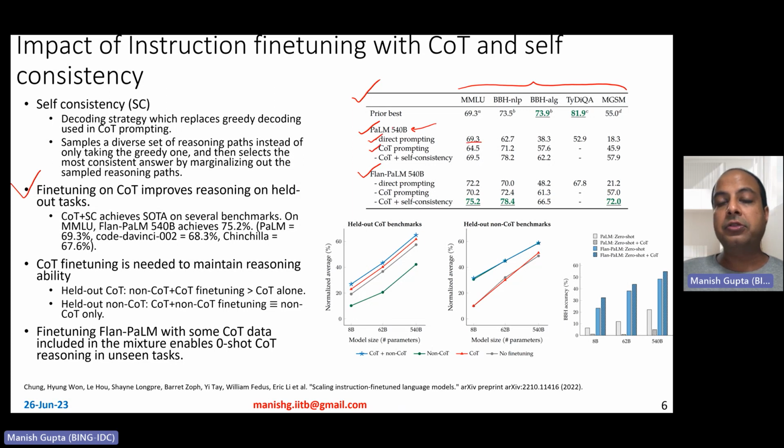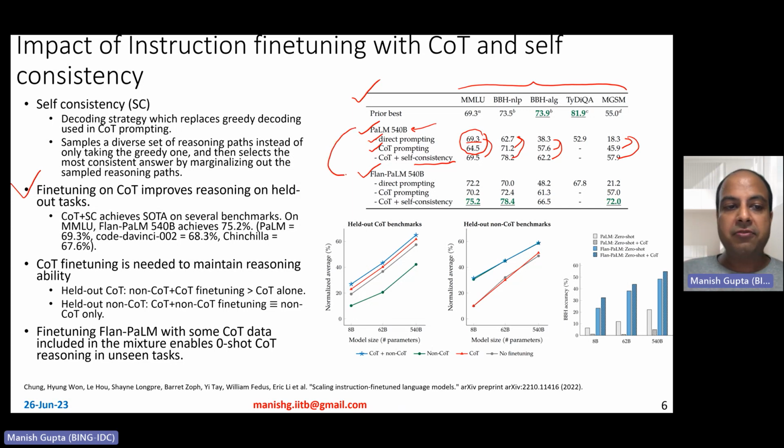But if you do COT prompting, you typically observe better results. Well, COT prompting doesn't always help, but in general it gives you better results. COT with self-consistency improves results everywhere. And this is only at inference time, not instruction fine-tuning at all.